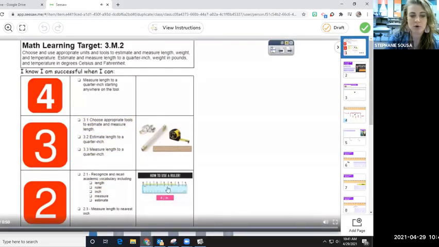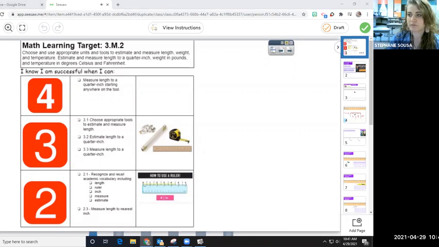Please listen as you pull up your copy of the assignment. Today we will be focusing on the skill of choosing and using appropriate units and tools to estimate and measure length. Today our focus will be on measuring length to 1/4 of an inch and estimating the length of an object to the nearest 1/4 of an inch.